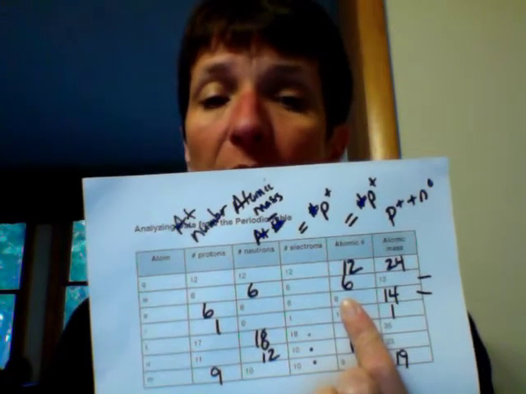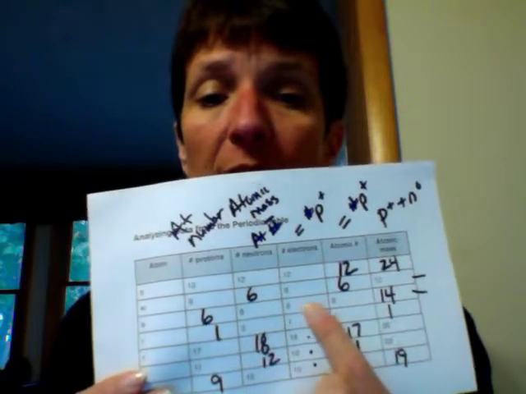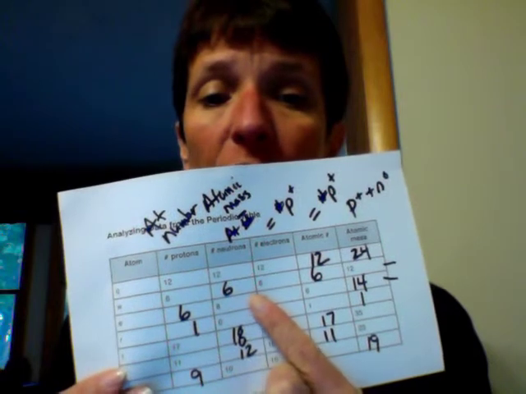The other number that is open is the number of neutrons. We said that we get the number of neutrons by taking our atomic mass minus our atomic number. Well, our atomic mass in row W is 12, and our atomic number is 6. So 12 minus 6 is 6. So your number of neutrons is 6. So going across W, it should be 6, 6, 6, 6, and 12.